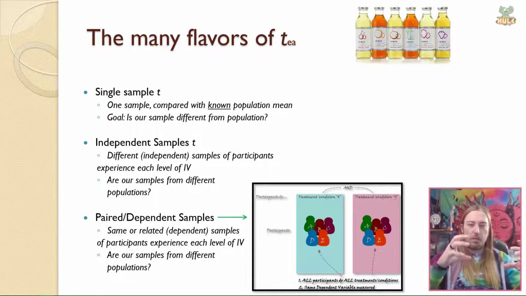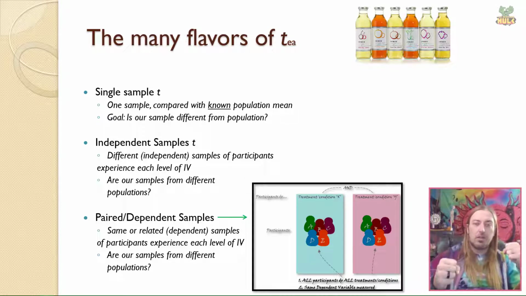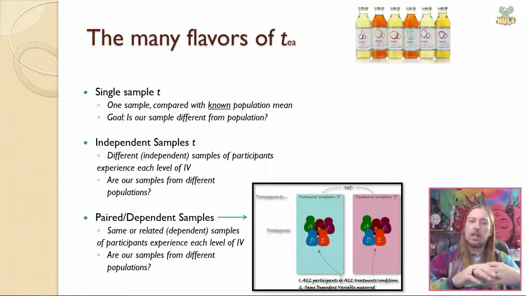These folks are being measured 2 times in order to create our 2 conditions, and we would call this a paired or dependent samples test. Dependent because however I perform the first time, that should still be related to how I perform the second time. Even if training improves me, it'll improve me from where I was before to where I am after, right? Those 2 measurements are dependent upon one another. They are not independent.